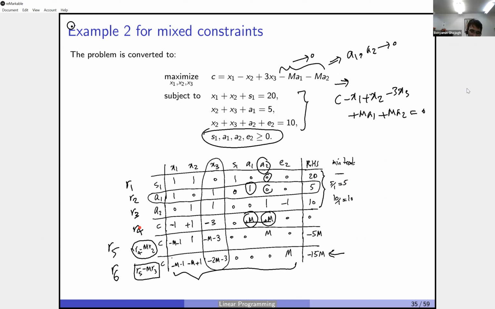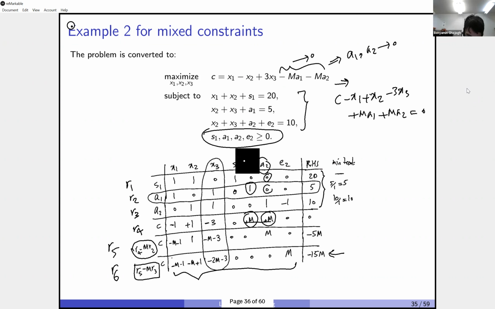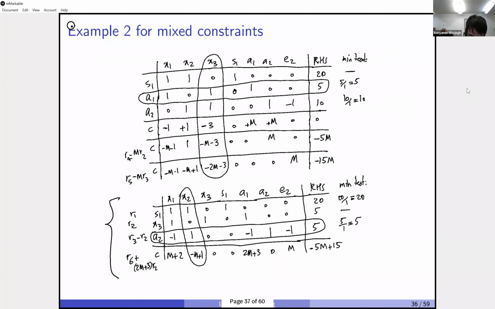Do the elementary row-wise calculations that we talked about, and you will get this table. I have replaced the label of this with this, see, X3. I do the elementary row-wise calculations again, as we discussed before.